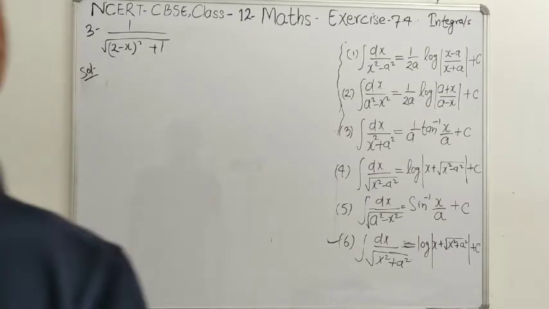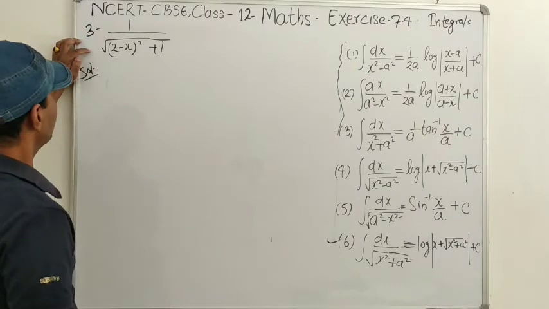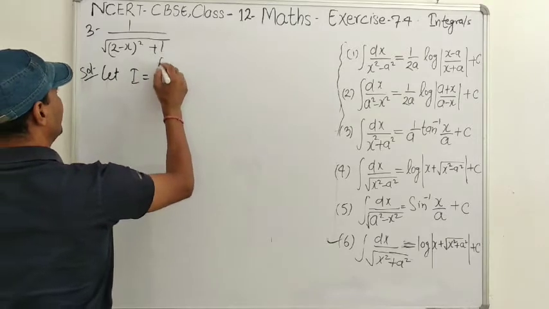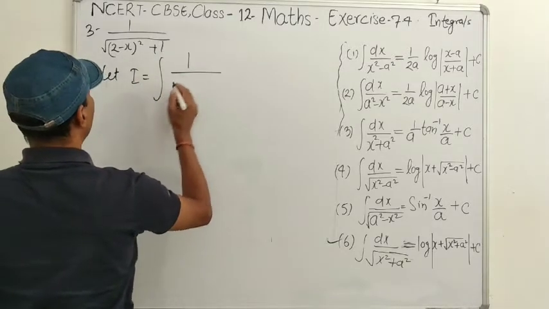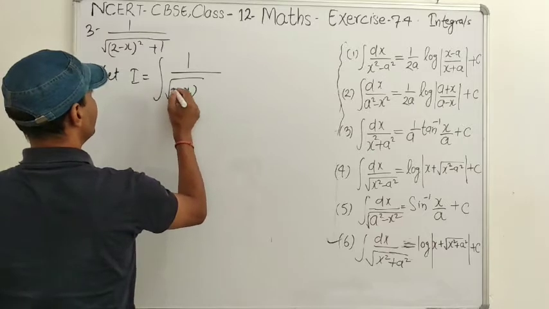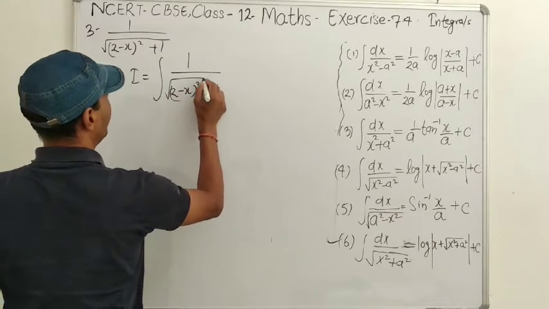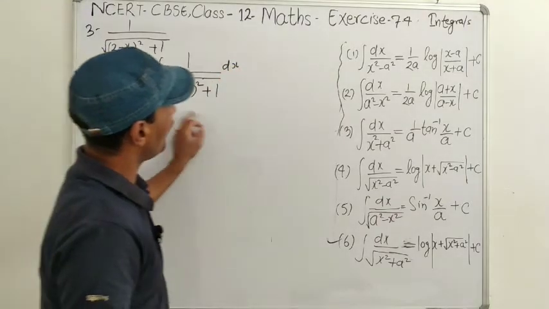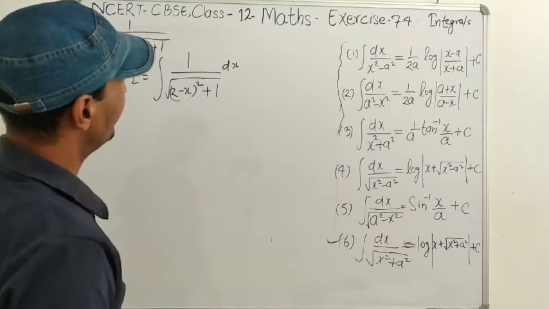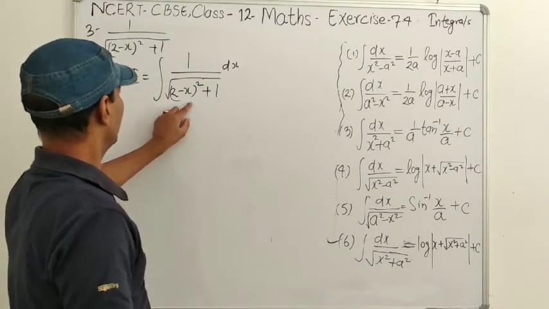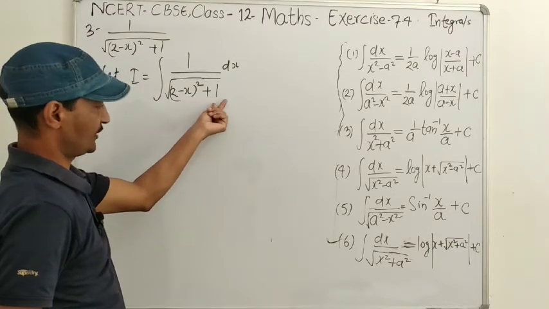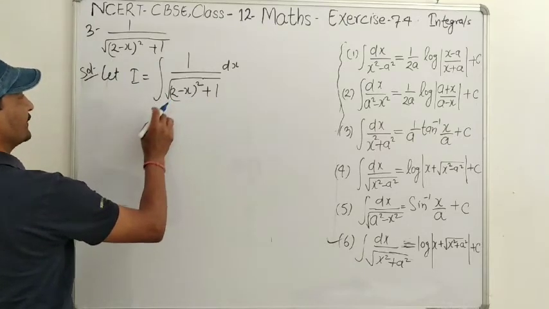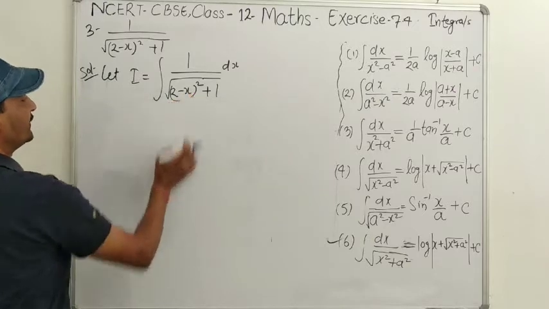Now number 3, integrate this function 1 upon root over 2x minus x square plus 1. So we write here let I equal to integration of 1 by root over 2 minus x whole square plus 1, this dx. So this also is the form of root over x square plus a square, the same formula we have just done. First we have to make x square.